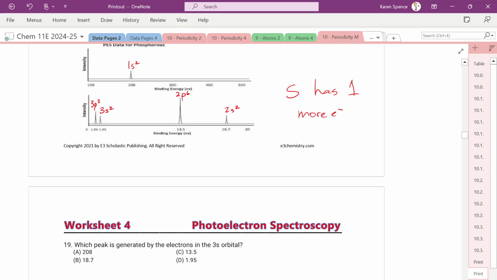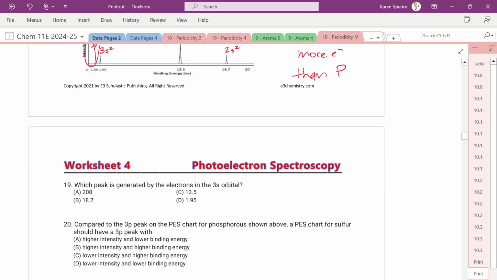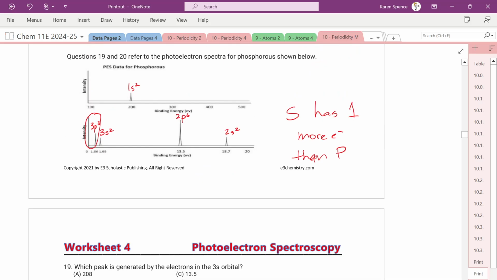I think I said it backwards over there. Does that part make sense? Sulfur is to the right, so it has one more electron. So that means that our 3p peak will be higher. Okay. So it'll be a higher intensity.